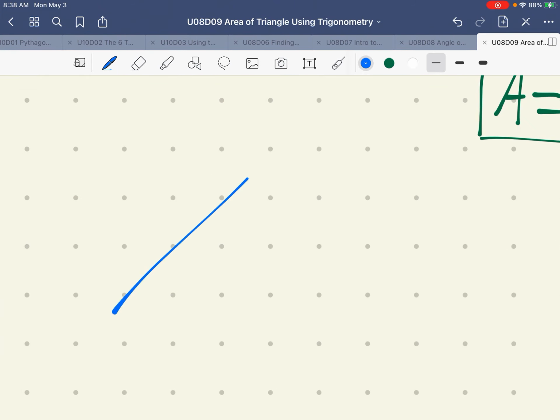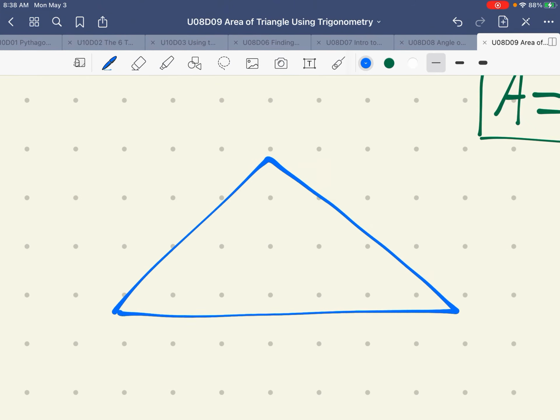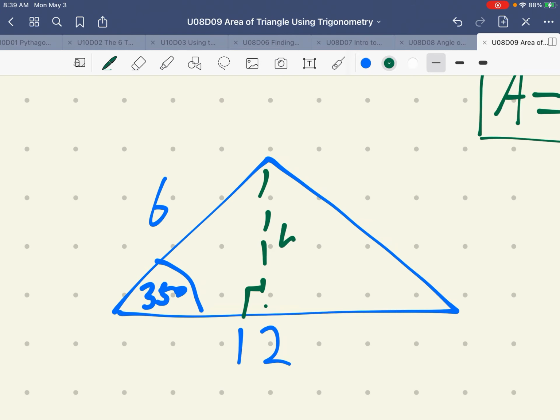What I mean by SAS in this case is if I have a triangle here, and I know the measure of 2 of the sides, it doesn't matter which sides I know. Let's say I know this side is 6 and this side is 12, and I'm told that the angle between them measures 35 degrees. There is some sort of a height here, it's just we don't know what the measure is.